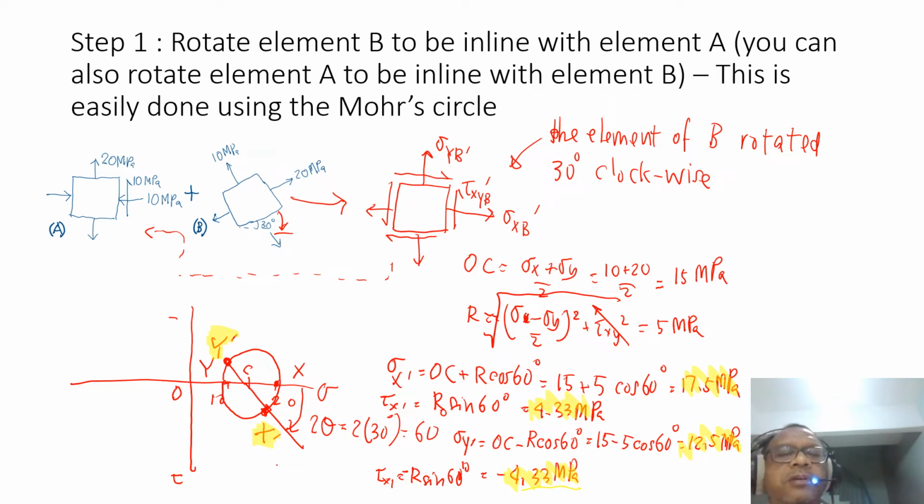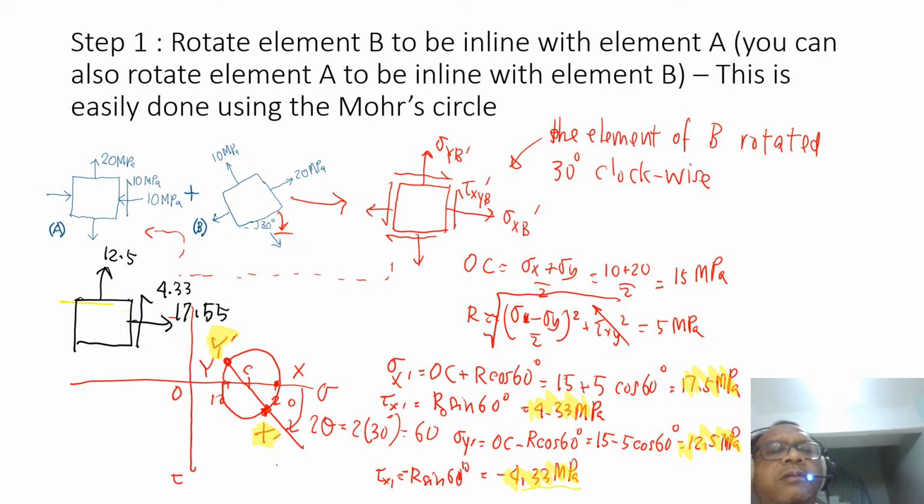So the new Mohr circle at that inclination, we can now draw the Mohr circle at this inclination. This Mohr circle now, the x surface is 17.5, the tau is 4.33, and the y is 12.5 megapascal.